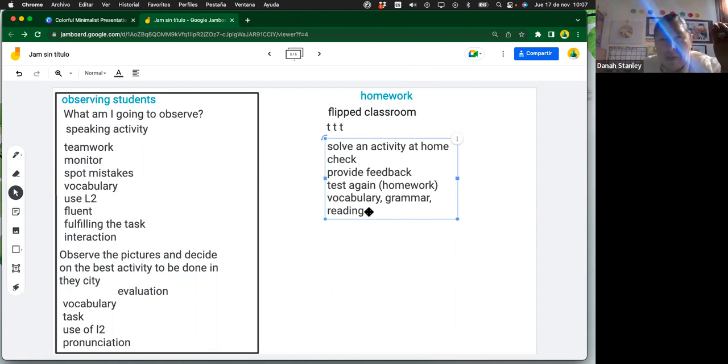The video they watched at the beginning. But for example, if that video is on the platform and students have access to it, they should watch it before at home in order to have more time to do the rest of the activities that I need to guide in the classroom.